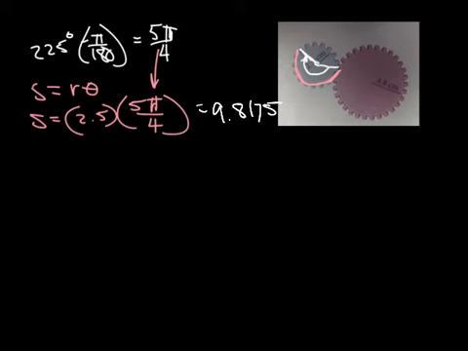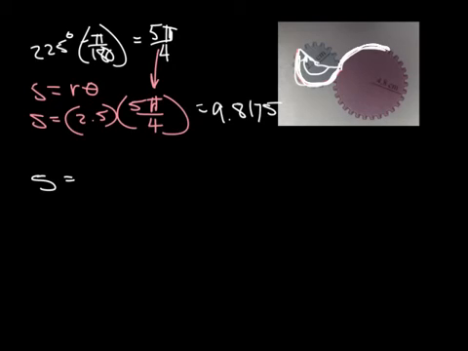Alright, so an arc with this length on the larger gear corresponds to an angle measure theta in radians. So, what we have here is we're trying to find the bigger arc. We're trying to find out if this goes this far, how far do we go up here? Well, we know that the length is going to be the same. That length here that it's going to rotate 225 degrees is going to be the same length.